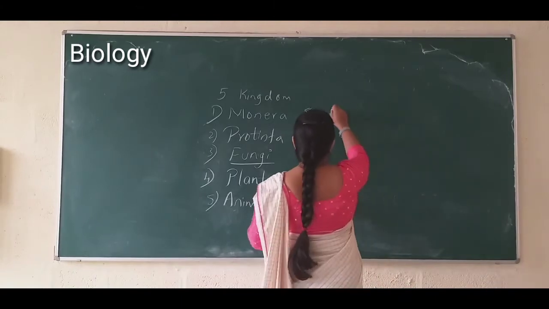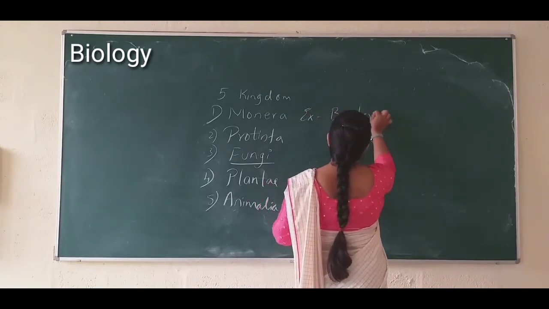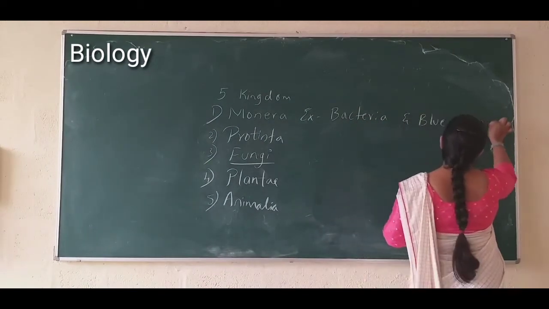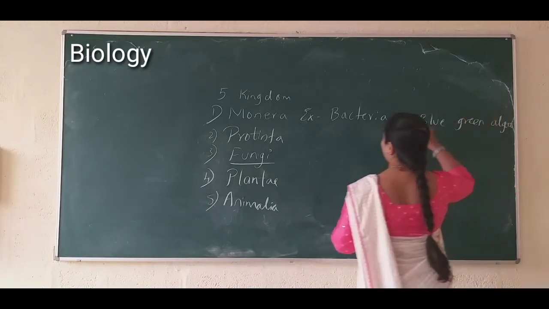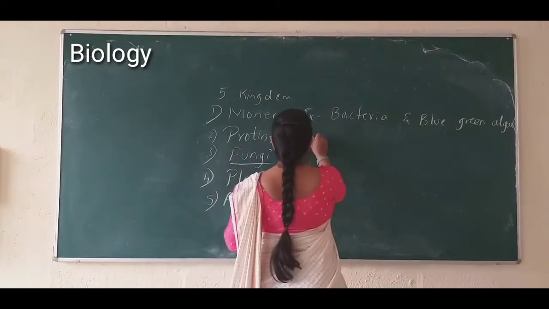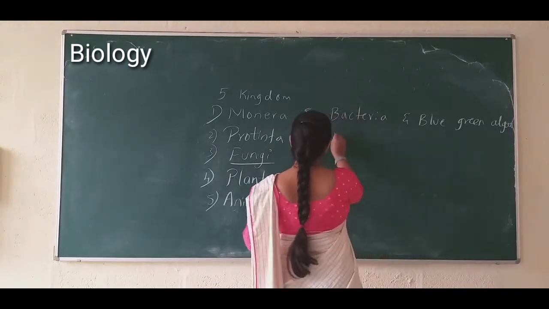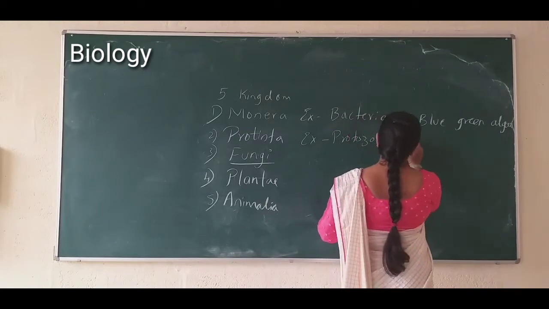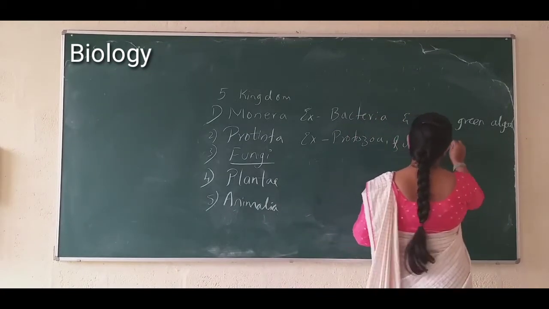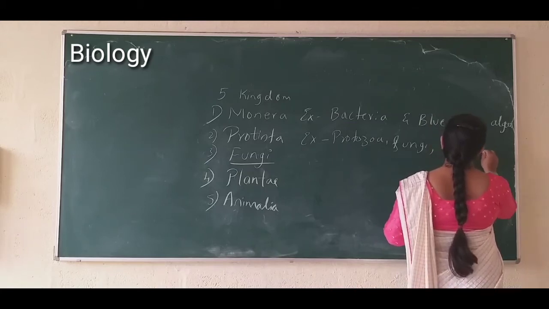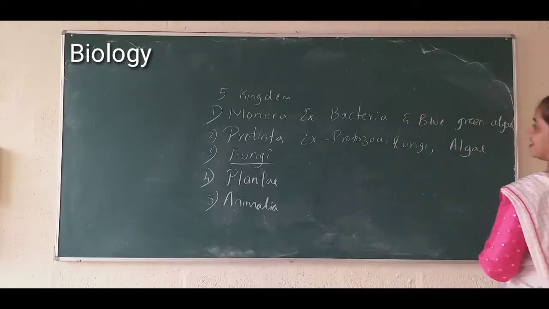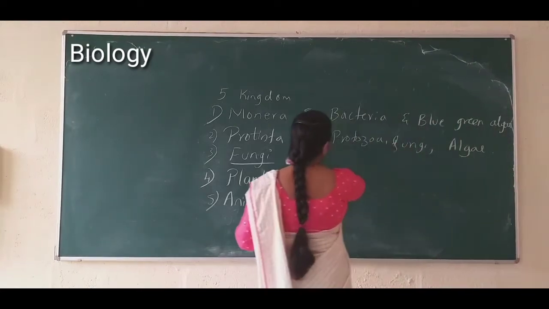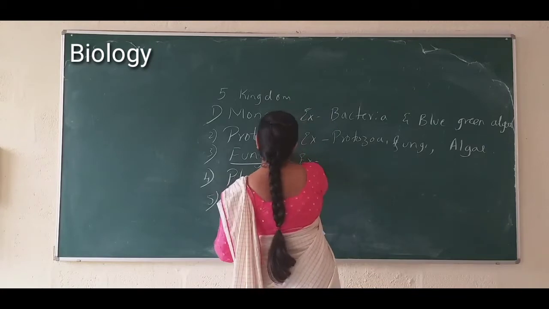For the Monera, it includes bacteria and blue-green algae. And the kingdom Protista includes living organisms like protozoa, fungi and algae. Here I have mentioned fungi, in the sense of only the unicellular fungi, which we are going to study in the kingdom Protista.